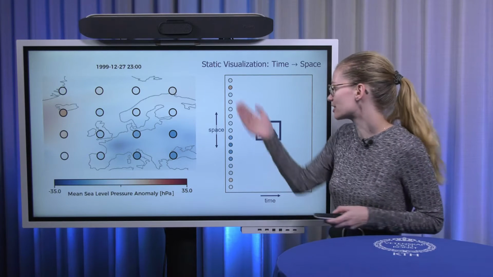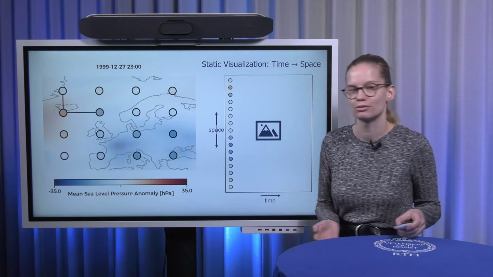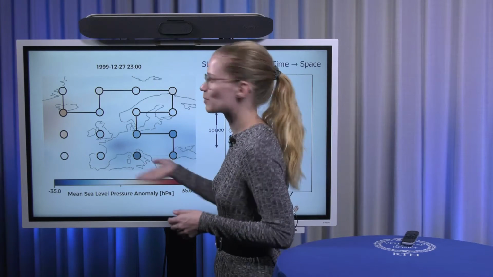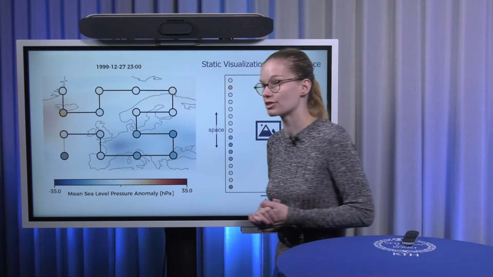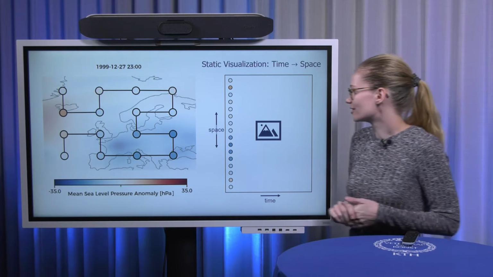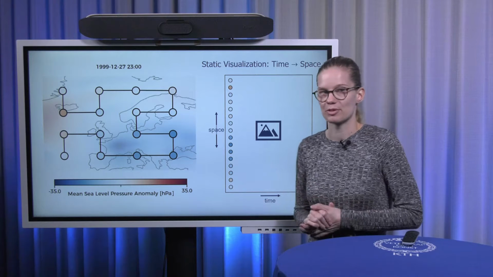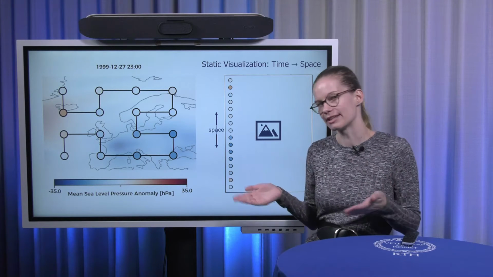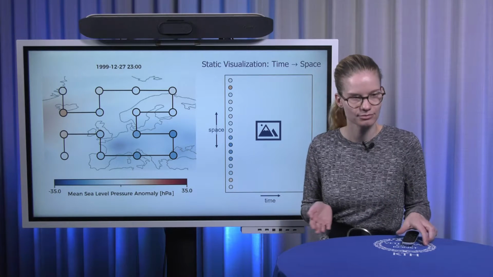So what I've done here is to just go through the data in a space-filling way. This is essentially a Hilbert curve, what we're seeing here. And that creates a one-dimensional representation of our data that we can then show over time to create such a static visualization.